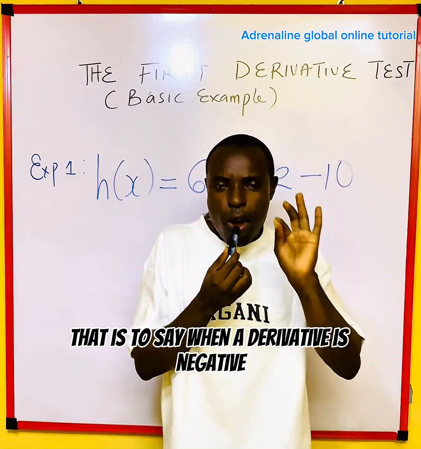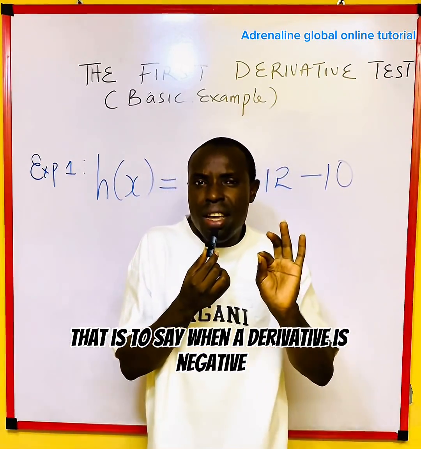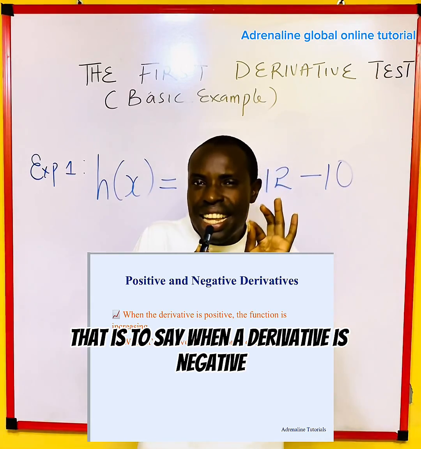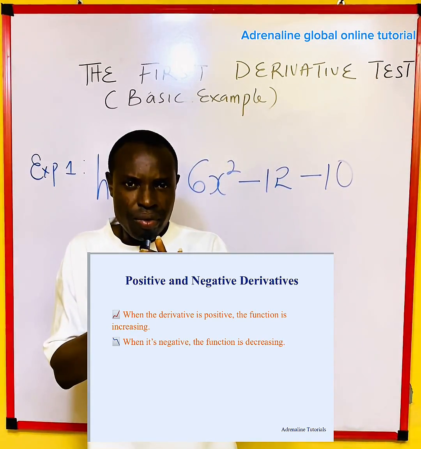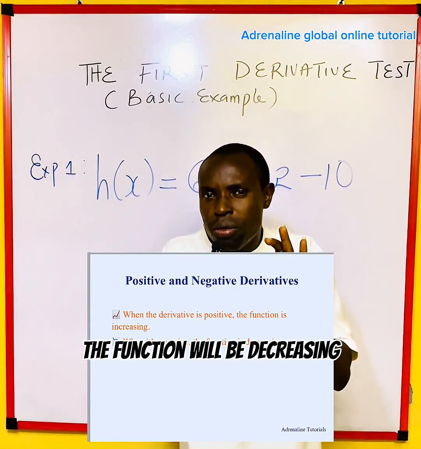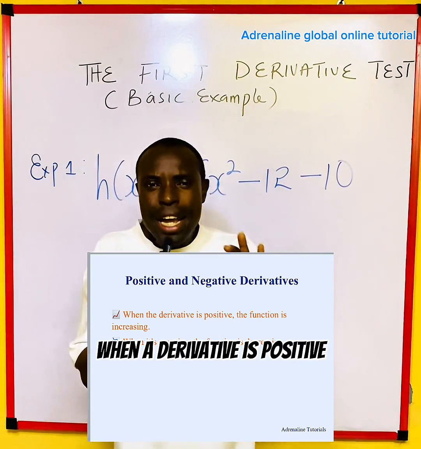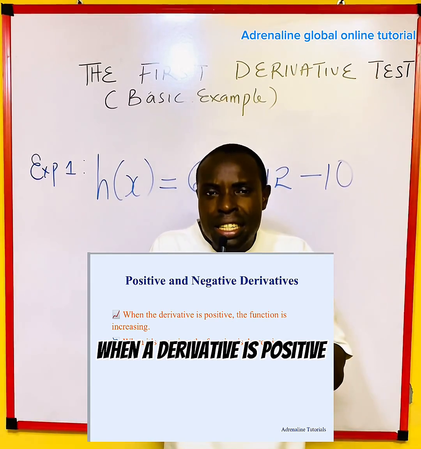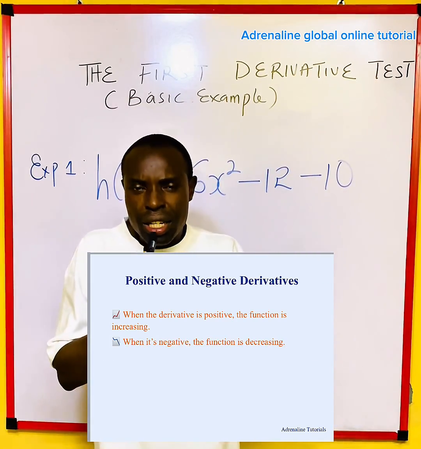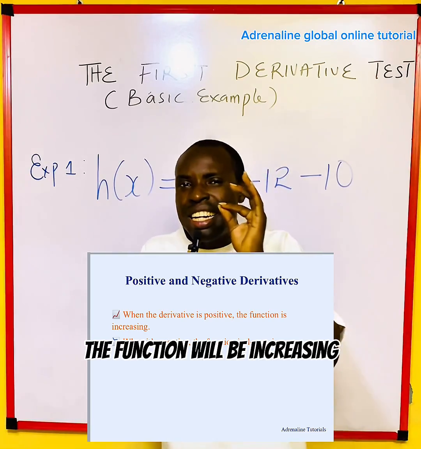But before that, we should understand that the derivative is used to tell us the slope of a curve. That is to say, when a derivative is negative, the function will be decreasing. When a derivative is positive, the function would be increasing.